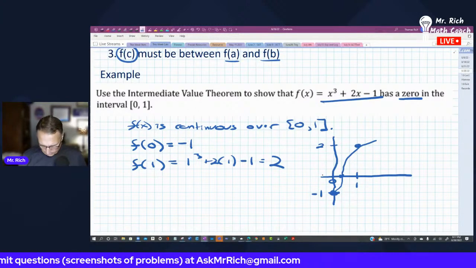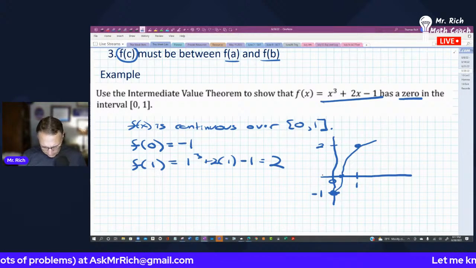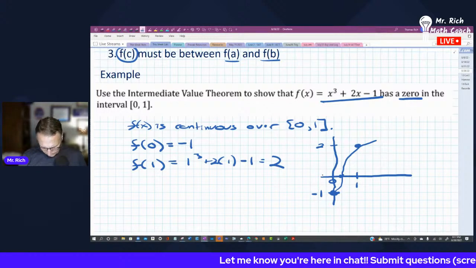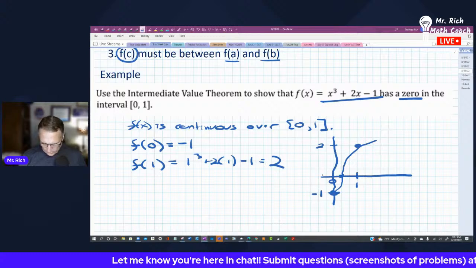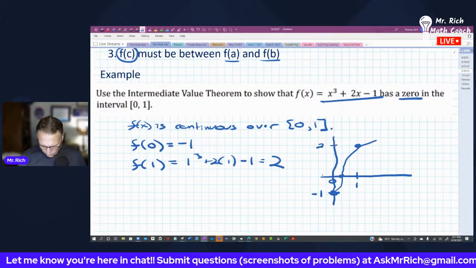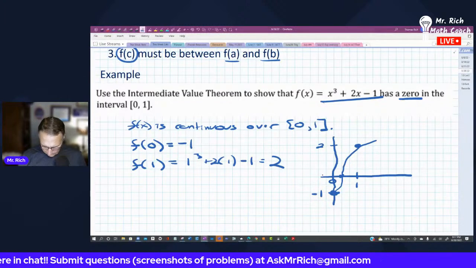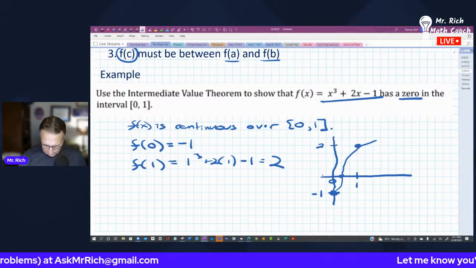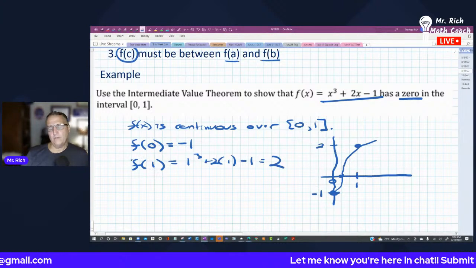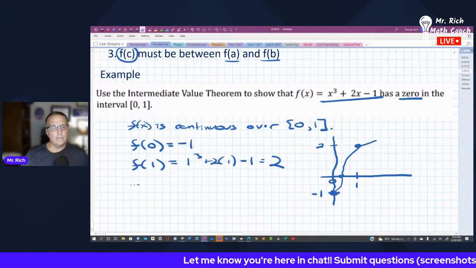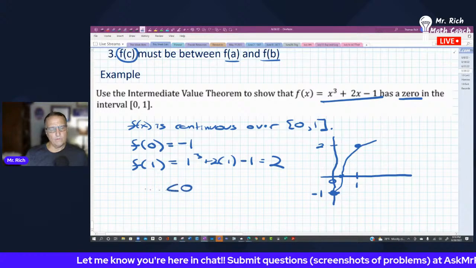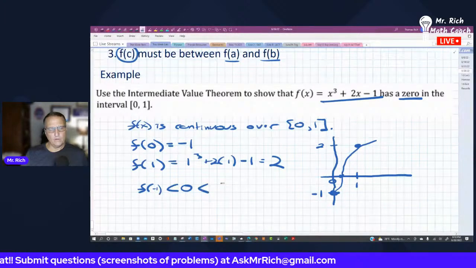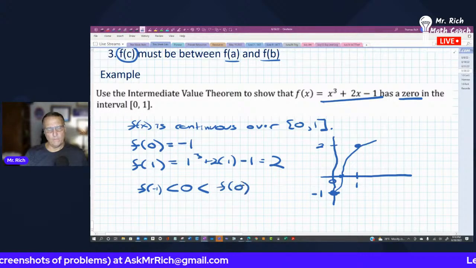So what I'm going to do is write that out as an answer to this. I want to formally present this as an answer. Let me show you what I want to do here. So what I can say here is, because 0 is greater than f(-1) and less than f(0).